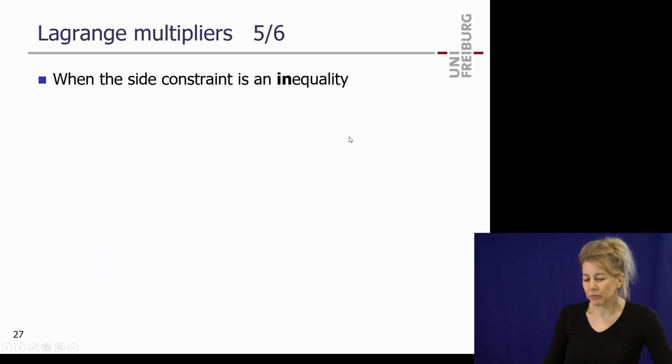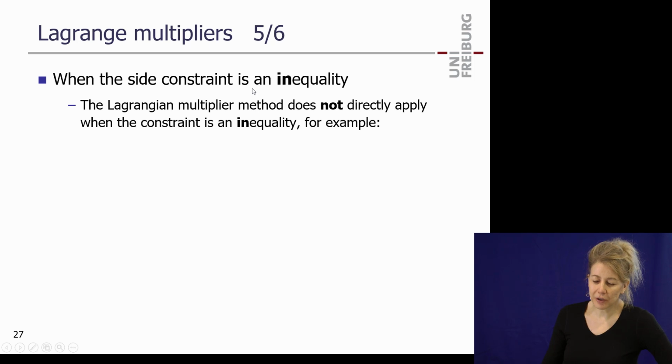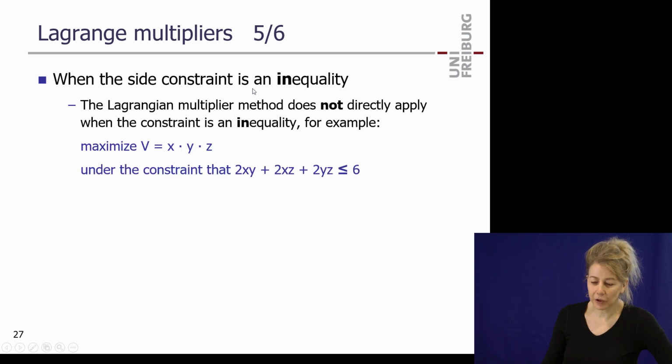Okay, let me mention this very quickly and then we are done. Lagrange actually wants the side constraint to be an equality, but what if we say it's an inequality? So I'm saying maximize the volume under the constraint that the surface is at most 6. You can't directly apply Lagrange, but there's a very simple trick.